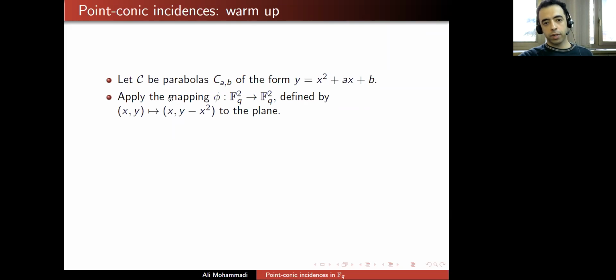Now, just apply this mapping that sends (x, y) to (x, y - x^2). It's fairly simple to check that it's a bijection.